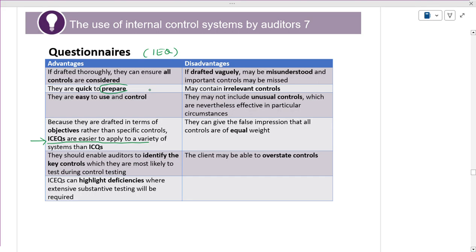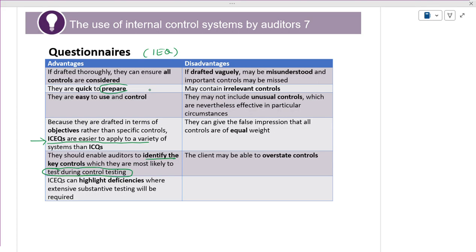Internal control questionnaires give us restricted information. Internal control evaluation questionnaires give some more additional information. They should enable auditors to identify the key controls which they are most likely to test during control testing.